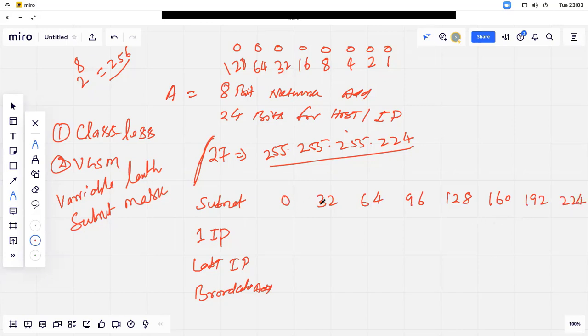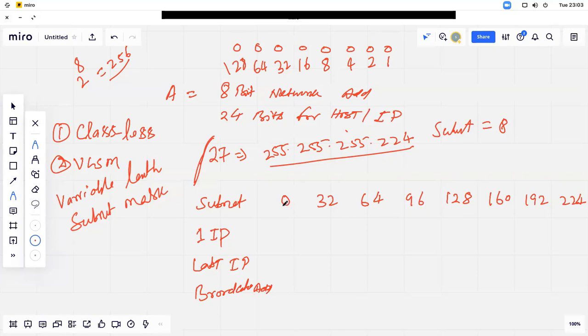So 1, 2, 3, 4, 5, 6, 7, 8. The total number of subnets is 8, so I have written here the 8 subnets. These are the subnets, or you can say the networks.